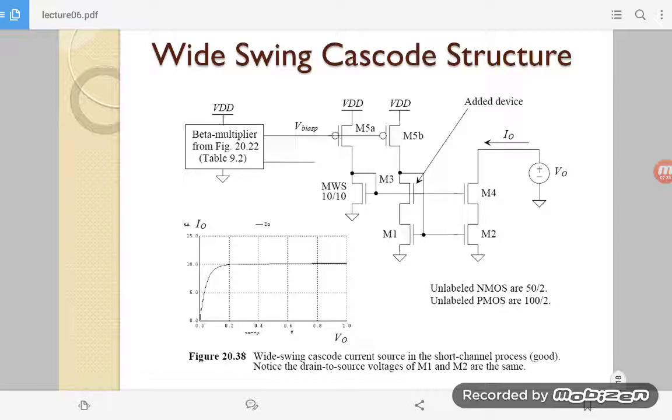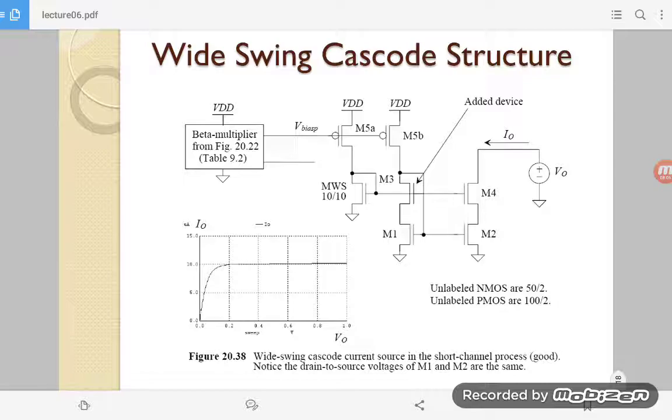So there is a mismatch between the M1 drain and the M2 drain. To match that, what you can do is add an extra device like M3. We know that the gate of this M4 is at 2 VDS SAT plus threshold voltage.